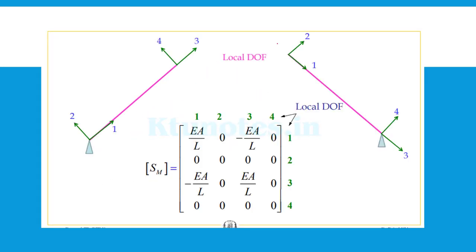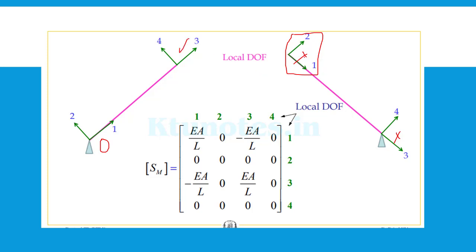For member 2, this 1 and 2 is restrained. Sorry, there will be values for 1 and 2 being the tip, and 3 and 4 will be 0. In the previous one, for member 1, 1, 2 will be 0 and 3, 4 will have some value.